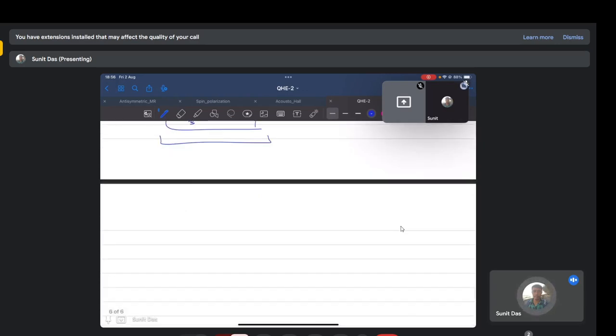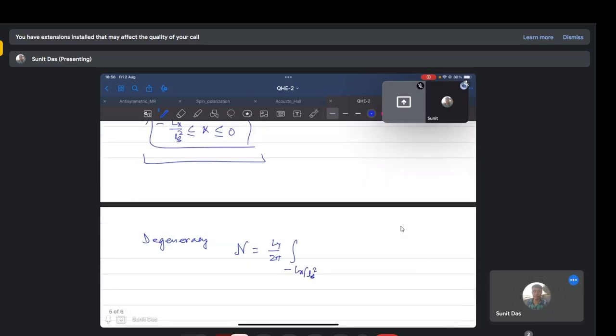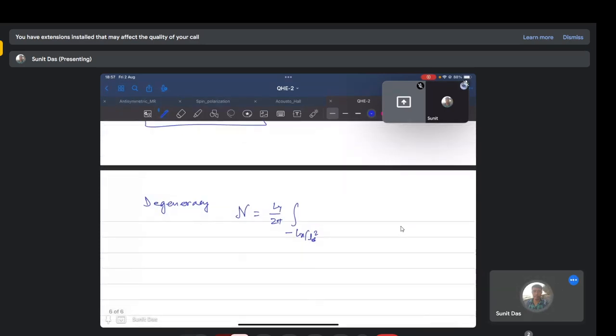So the degeneracy n, let's say, is simply Ly by 2 pi. This is coming from the k part along y, and then minus Lx by l_B square, this term. So actually degeneracy, sorry.